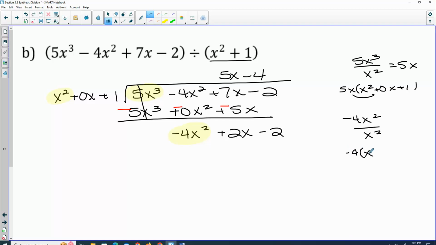So now we multiply. So negative 4 times x squared is negative 4x squared. Negative 4 times 0x, just minus 0x. Negative 4 times 1, negative 4. What do we do? Change our signs.